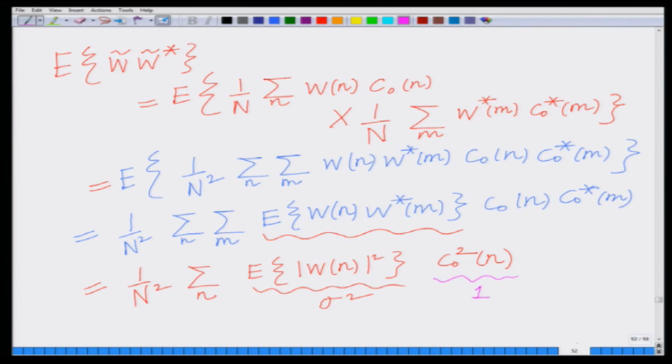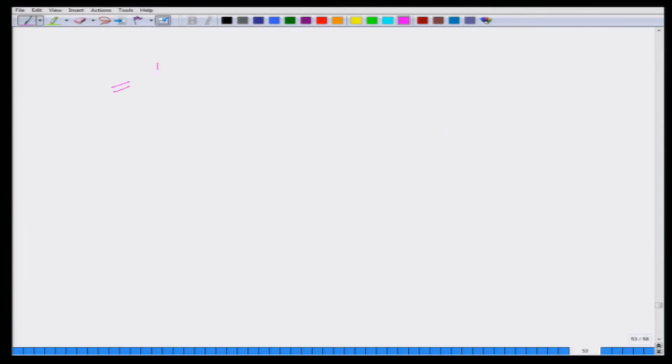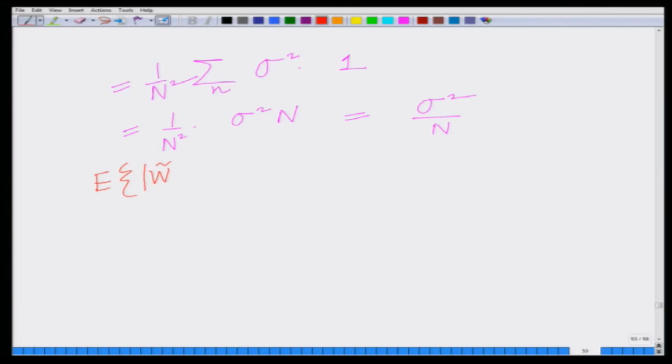Therefore, this can be simplified as 1 over N square, summation over n sigma square times 1, which is 1 over N square into sigma square N, which is sigma square divided by N. Therefore, expected magnitude W tilde square, or the noise power, is equal to sigma square divided by N.